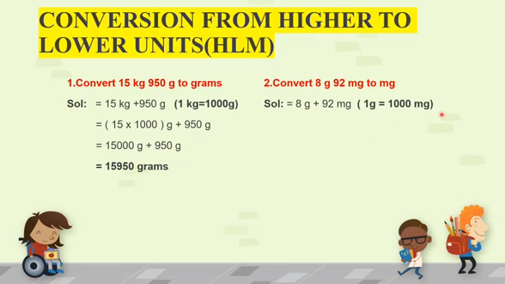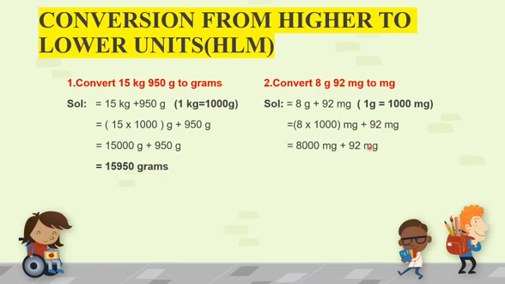Gram. We are going to the right side. Gram, then you have your decigram, centigram, milligram, right? 3 steps again. To reach milligram you are taking 3 steps. So you have 3 steps, 3 zeros, that means 1000. And so we will multiply 8 into 1000 milligram plus 92 as it is, which will be brought down, 92 milligram.